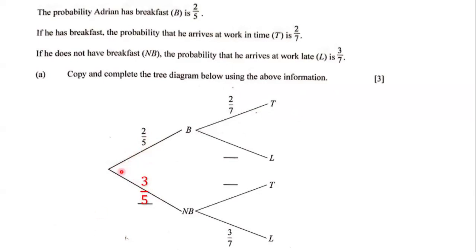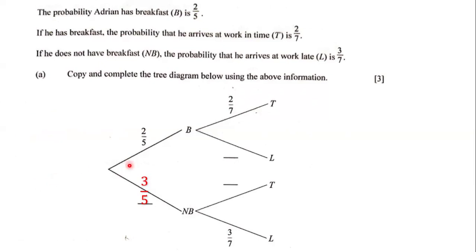And we know it's going to be equal to 1 because 2 over 5 plus 3 over 5 is going to be equal to 5 over 5. And 5 over 5 is equal to 1.